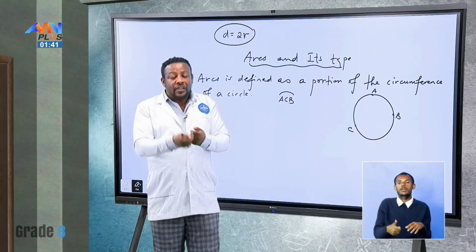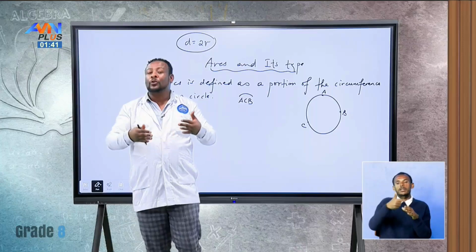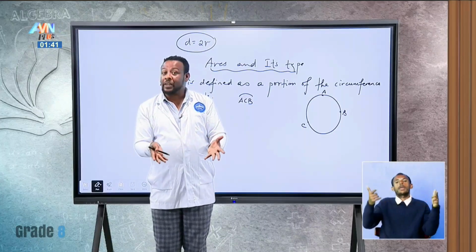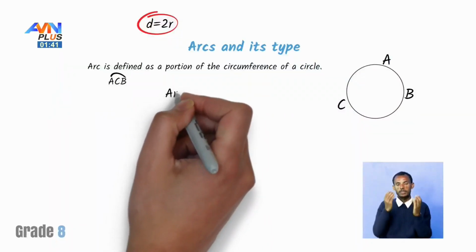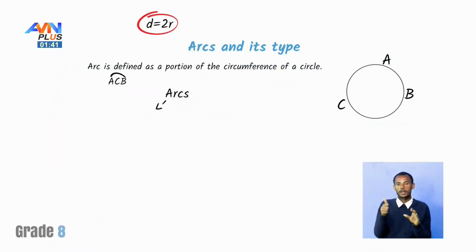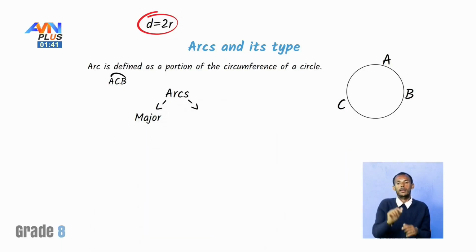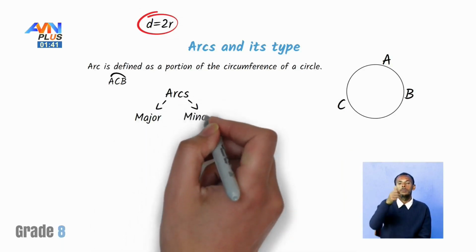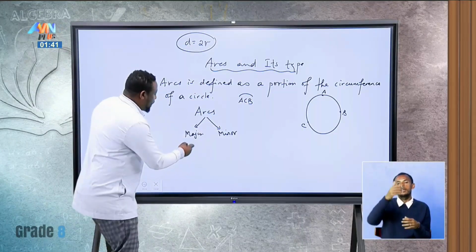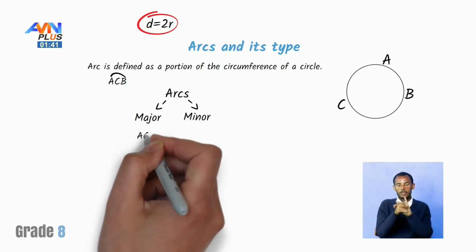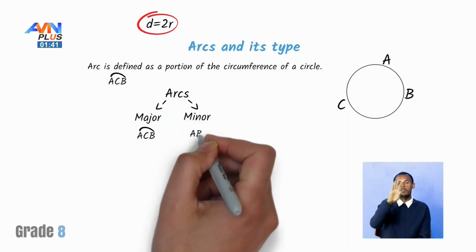Minor arc refers to a small arc, and major arc refers to the bigger portion of the circumference or the bigger arc, okay? So in this specific picture, ACB is an example for a major arc, and AB is an example for a minor arc.